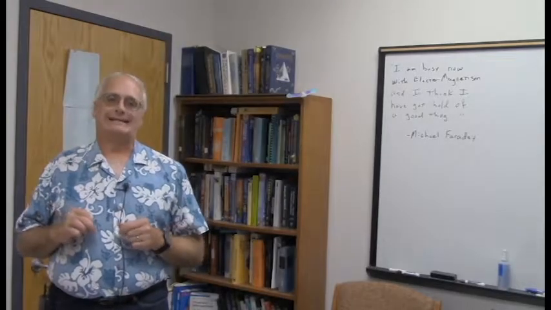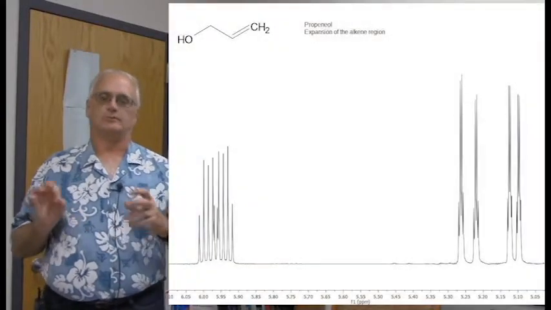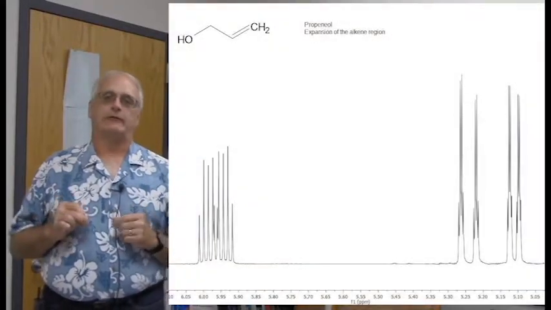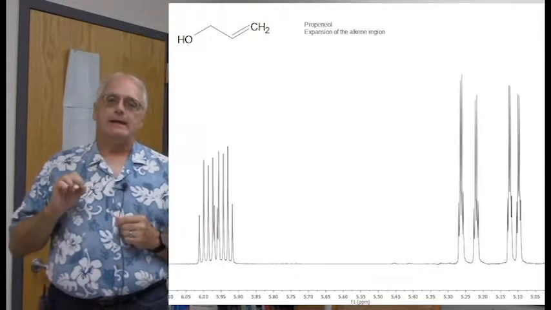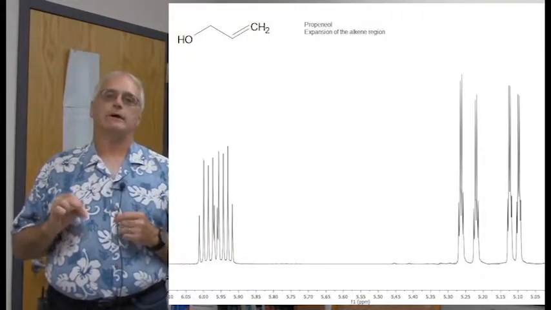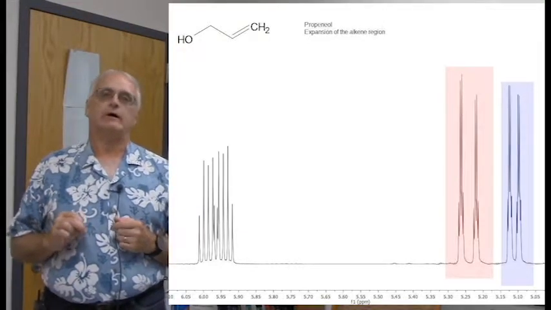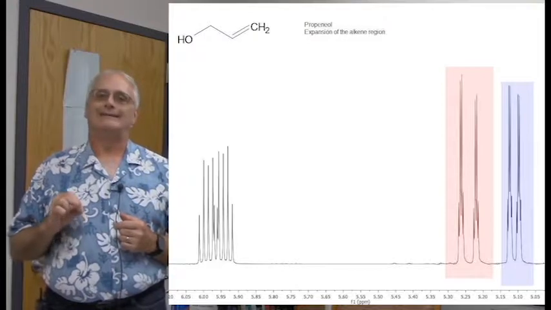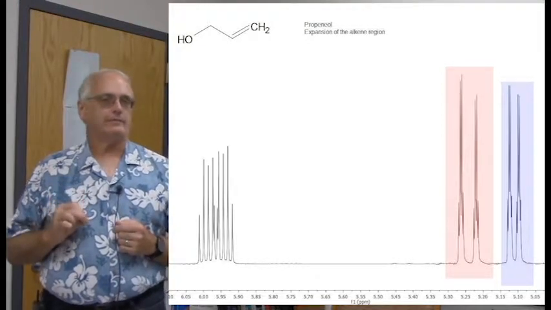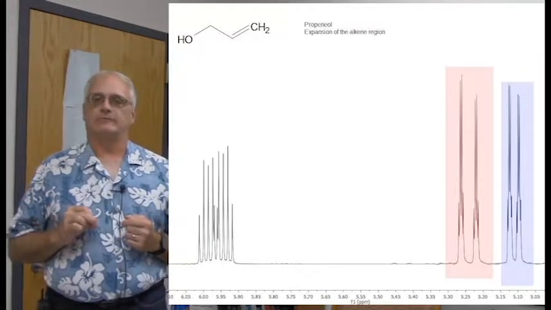If we focus in on the alkene protons for a moment, we see the beautiful patterns that we expect to see here. And in particular, I want to focus on these two. These two over here are the trans and the cis protons. These are the protons of the terminal alkene. And I want to emphasize one thing here. If you look, it should be pretty obvious from this proton spectrum.